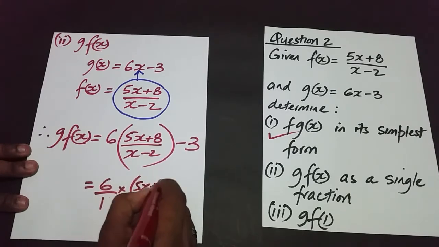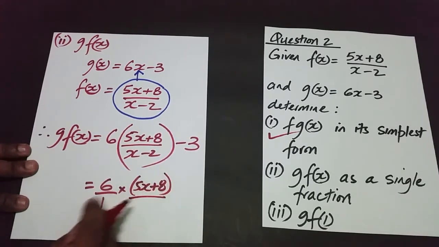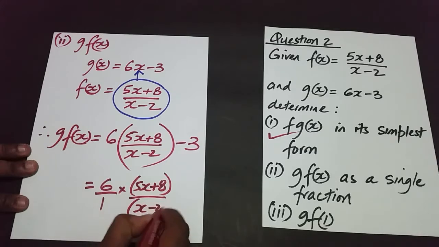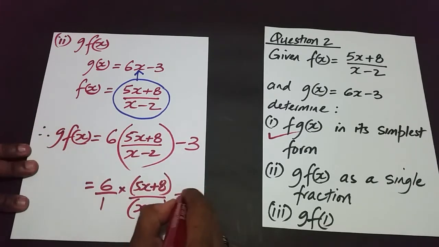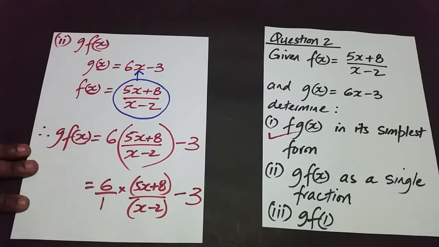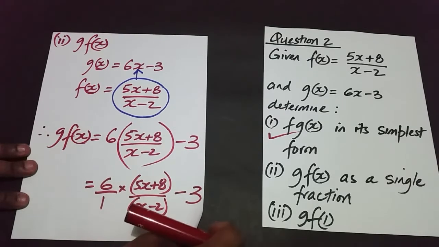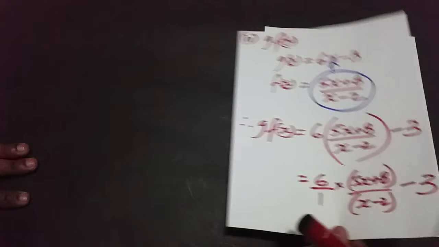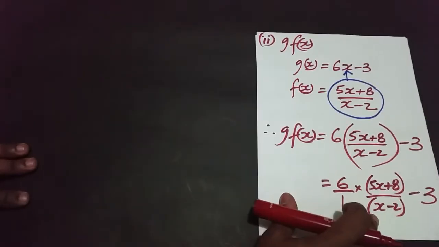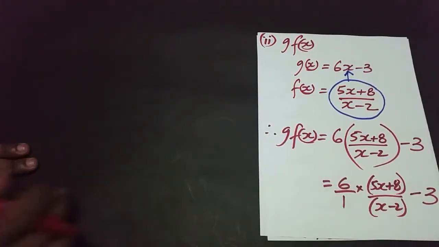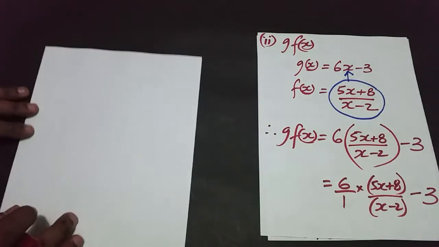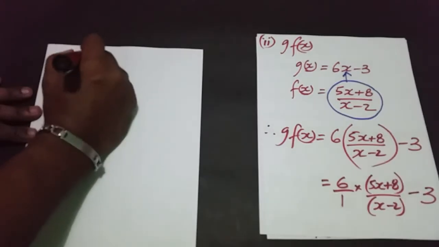So in this particular case, the numerator is 5x plus 8, and denominators by denominators. And in this particular case, the denominator is x minus 2, and then this 3 comes back by itself. So what we're going to do is proceed in attempting to get this composite function written as a single fraction.